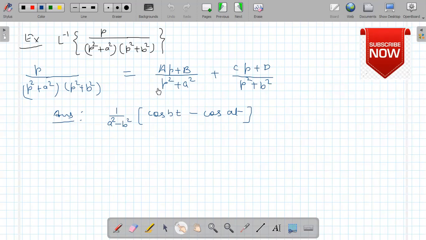To evaluate the value of d, you can substitute the values of a, b, and c in the original equation to find out the value of the fourth variable. So when you solve it and take the Laplace inverse, the answer will come out to be this.